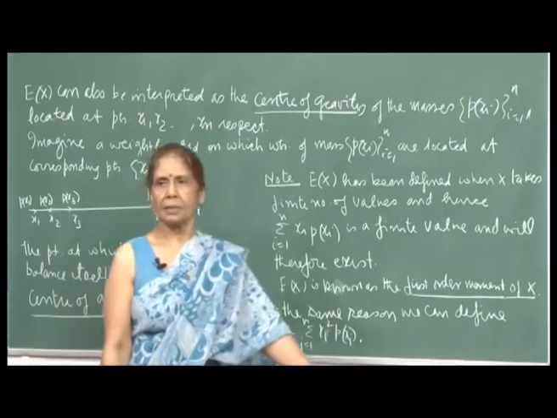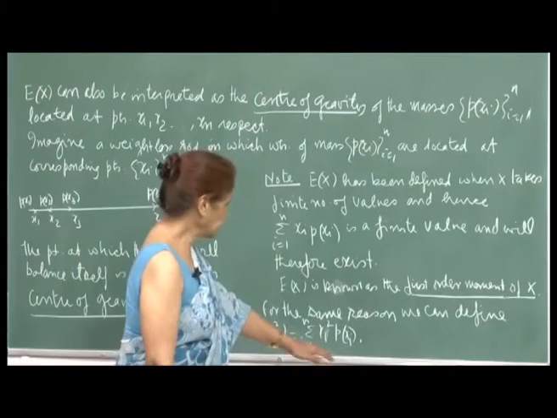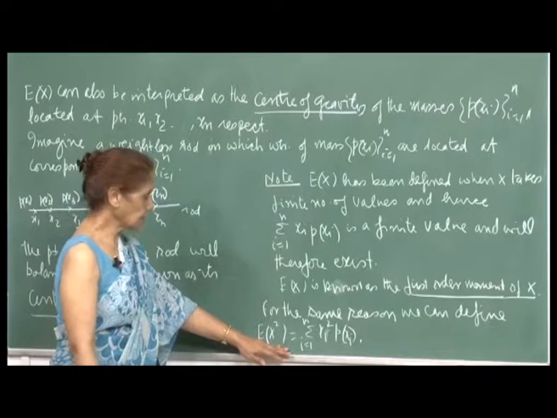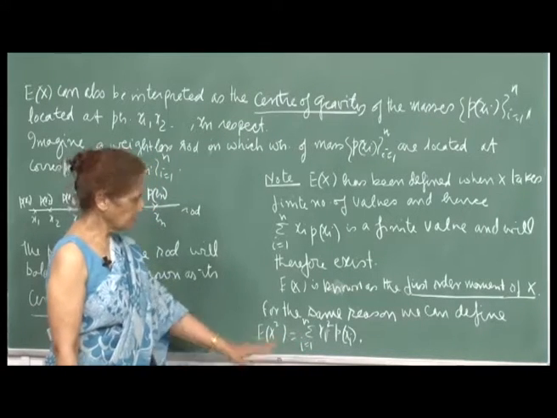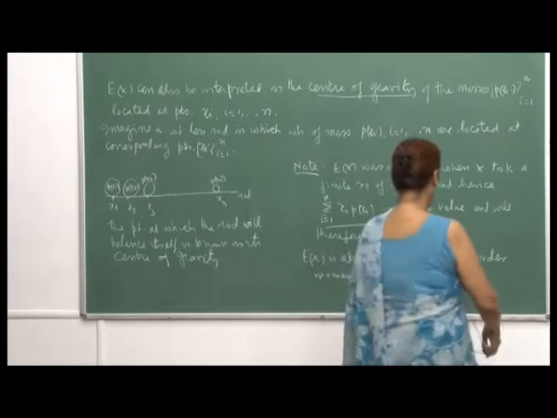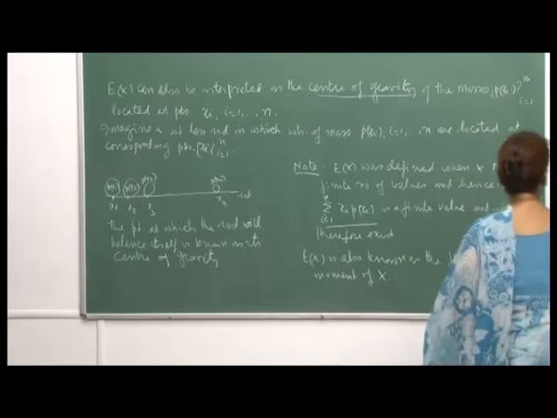I can treat E as a linear function, and I can also define the expectation of any function of a random variable in this way. Now, okay, here I would like to talk about an example also.